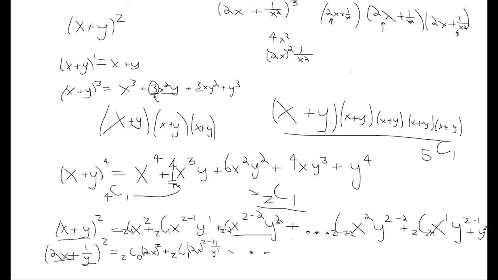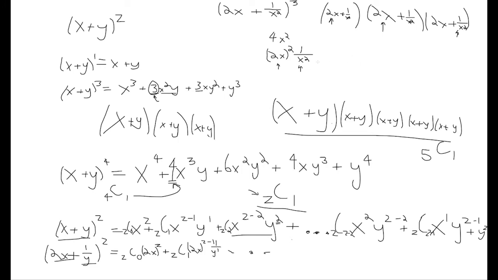You would find out what number of 2x's you need and what number of 1 over x squareds you need in order to get a term where the x's cancel out. And what you need is 2 2x's and then 1 over x squared. And if the question was, what is the coefficient for that, you would have to find out how many different combinations there were for picking out 2 2x's and 1 over x squared.